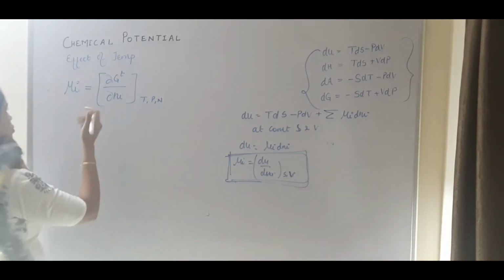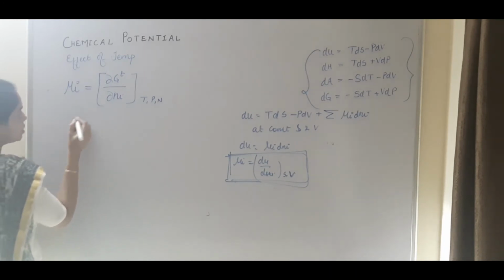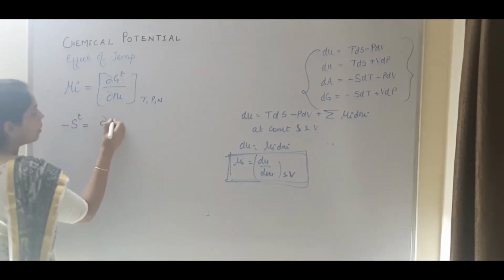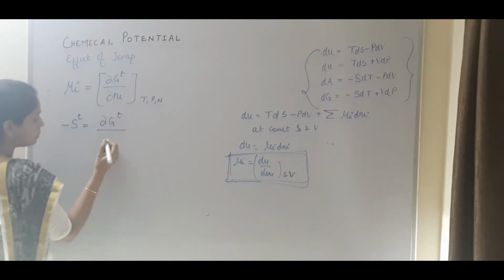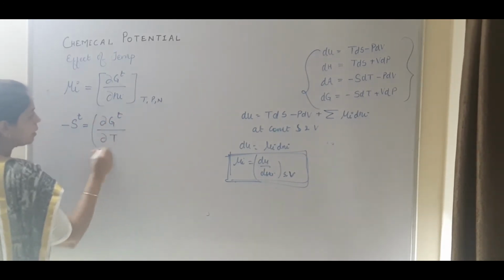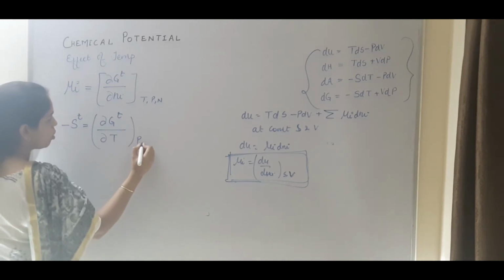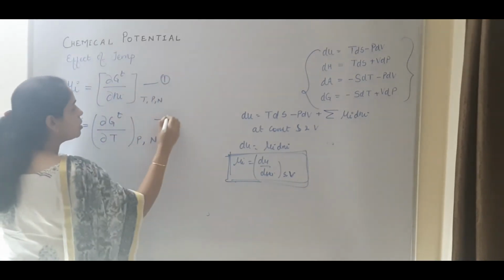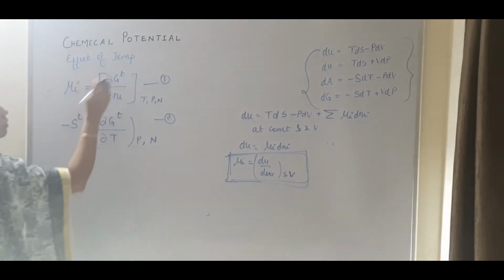We have also derived another relationship: minus S_T equals ∂G_T upon ∂T, where pressure and number of moles are constant, right? So we have these two relations. Now we need to find out the effect of temperature.